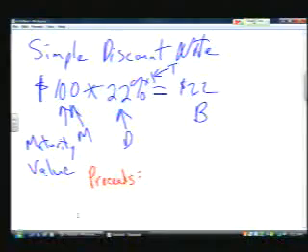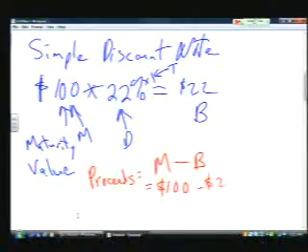So the proceeds are equal to the maturity value minus the bank discount, because they're going to grab their interest right up front. In this case, how much are you going to walk out the door with, Robert? $78. $78 is correct. You walk out with the $100 minus that $22.